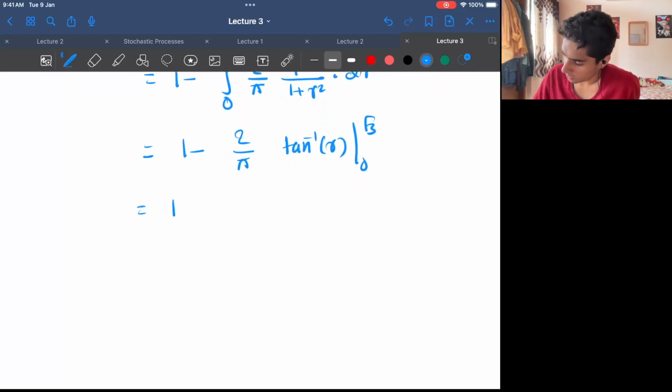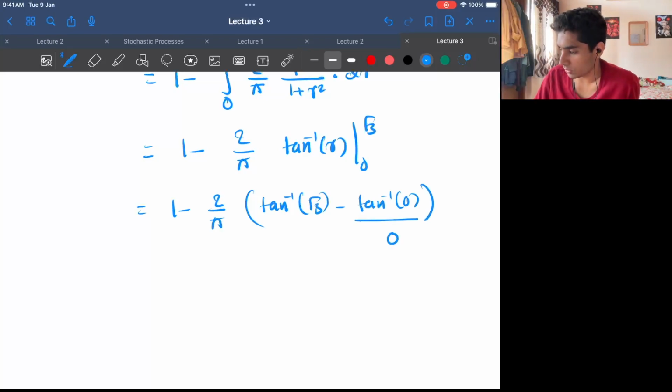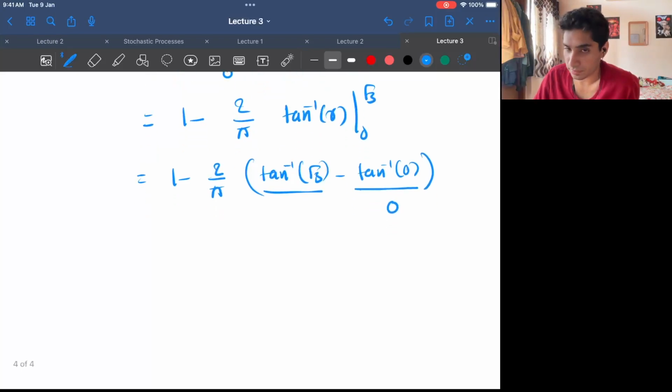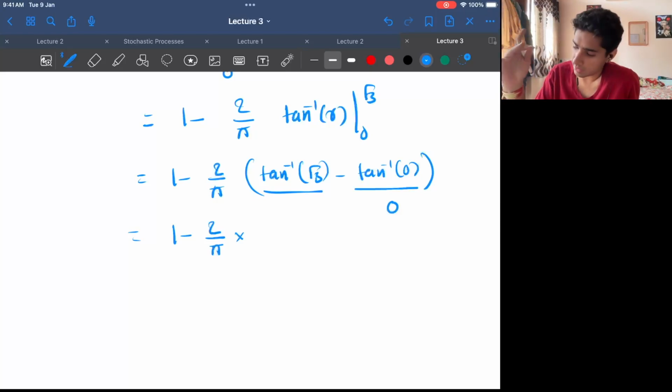So this will become 1 minus 2 by pi times tan inverse root 3 minus tan inverse 0. Now tan inverse 0 is 0. What is tan inverse root 3? I think this should be tan at 60 degrees.